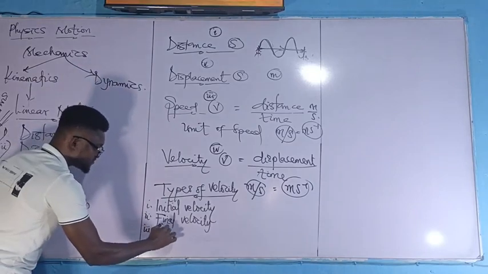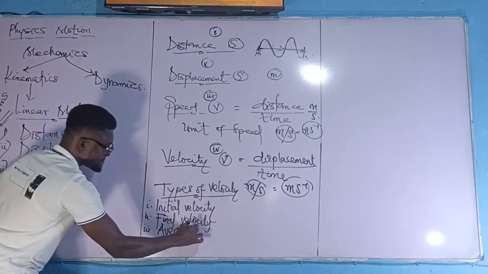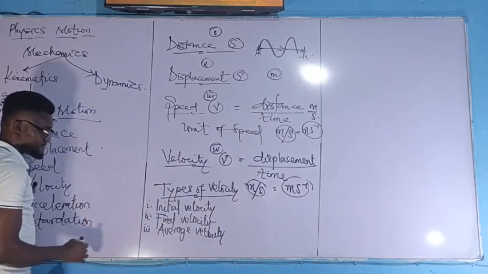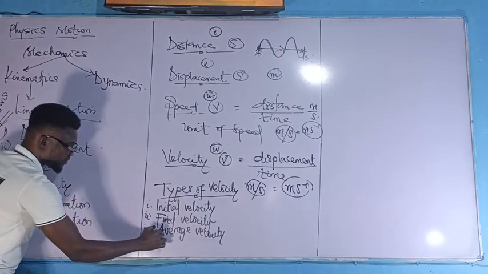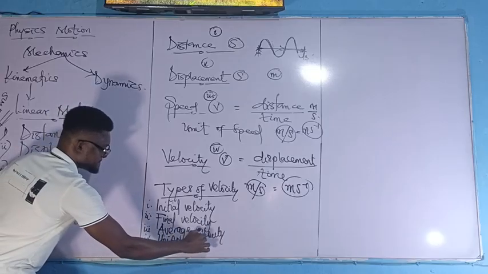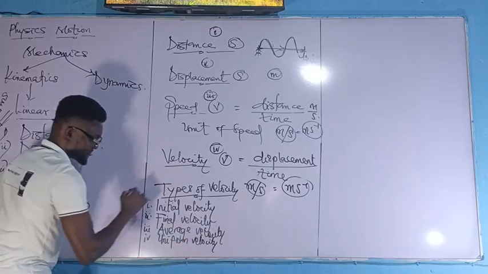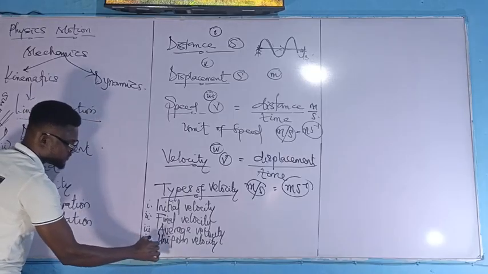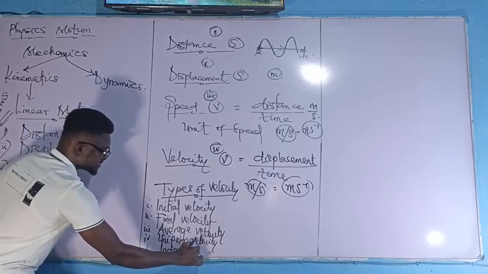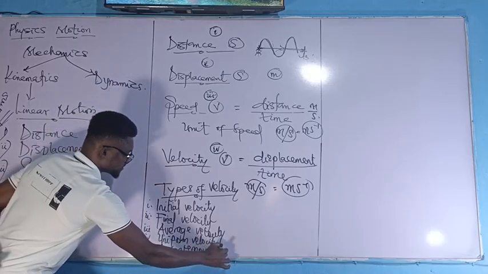We have average velocity. We have uniform velocity. And finally, we have instantaneous velocity.